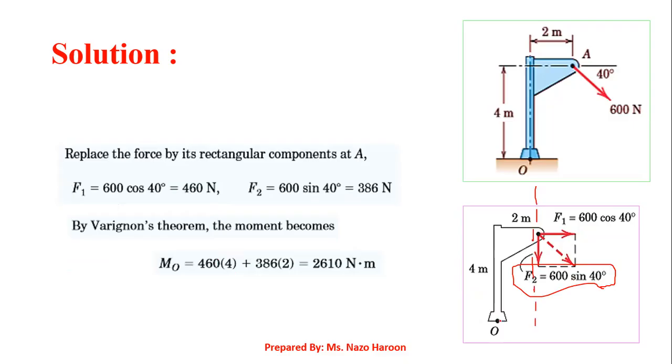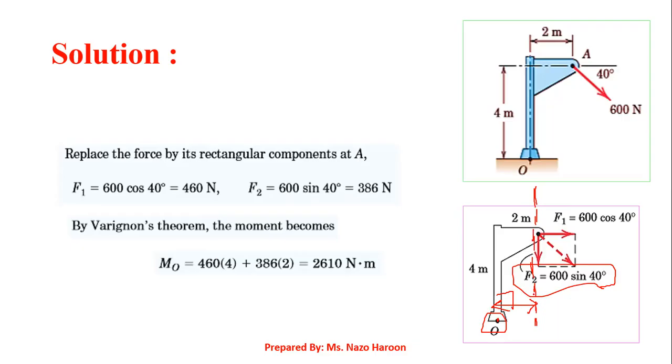For the moment about this point O, the distance from this point O to the line of action that passes through the point of application of the force is the moment arm distance, which is an orthogonal distance, at 90 degrees.